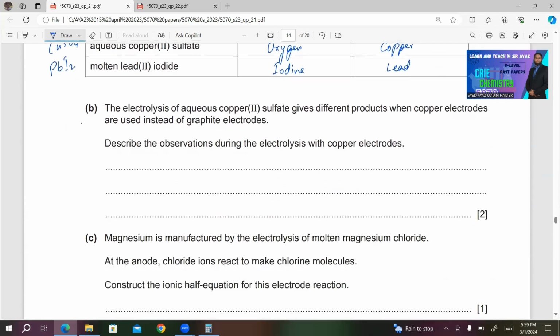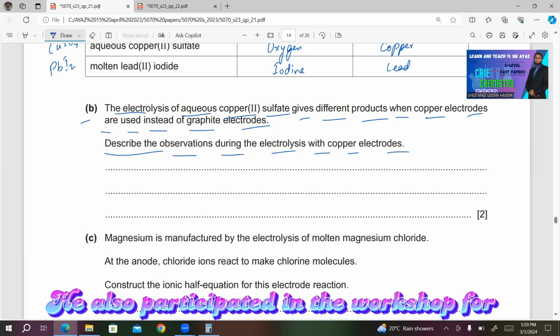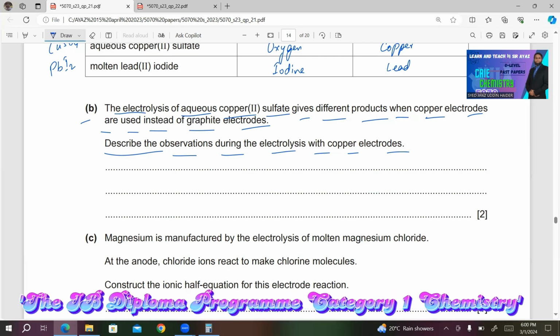Part B. The electrolysis of aqueous copper 2 sulfate gives different products when copper electrodes are used instead of graphite electrodes. Describe the observations during the electrolysis with copper electrodes. You can write any two from these, like increase in mass of cathode or pink solid deposits.